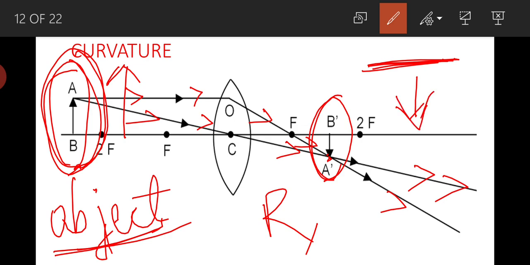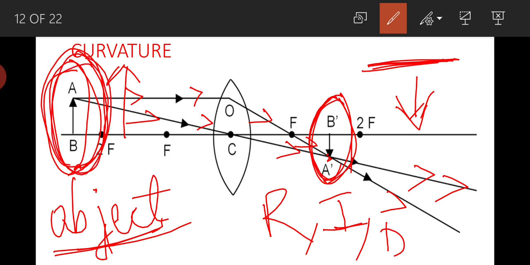Image will be inverted. And image size, you can see here, it is formed with decreased size. Hence image formed is diminished image. Here this is the size of object, whereas size of the image is somewhat decreased, hence image is diminished, and image is formed between f and 2f.